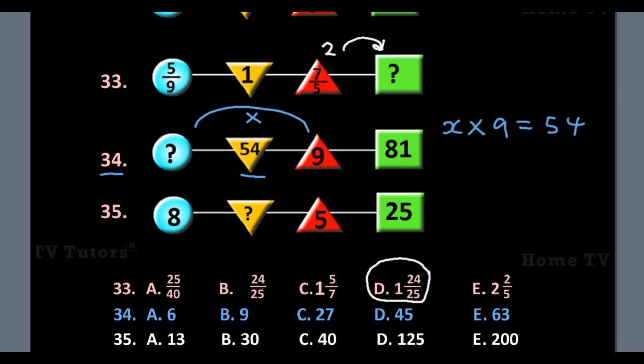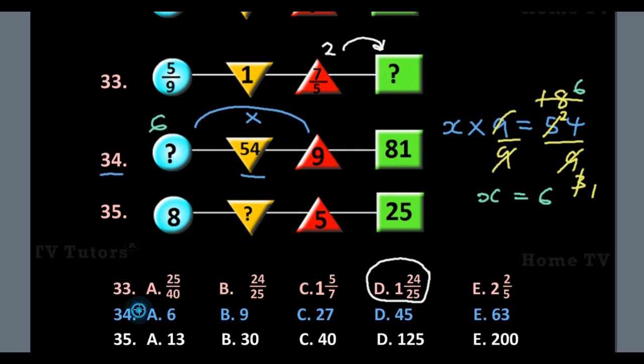Okay, so if we divide both sides by 9, 9 cancels 9. Let's start with 3, 3 goes in 5, 1 remaining 2, so 3 in 24 gives us 8, 3 goes in 18 gives us 6, so the unknown number is 6. So the answer option A is the right answer.